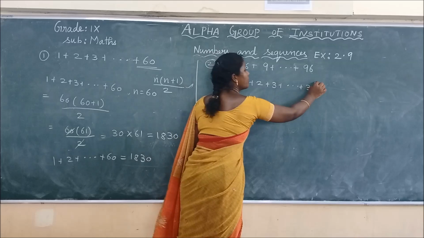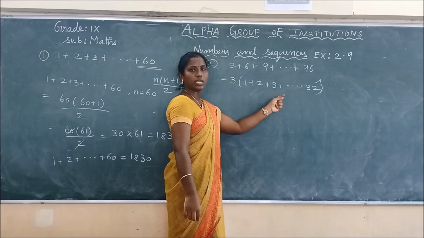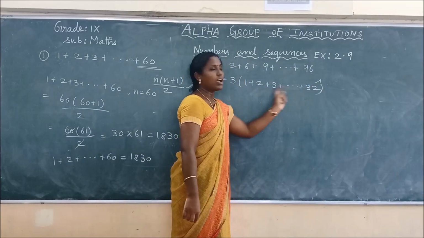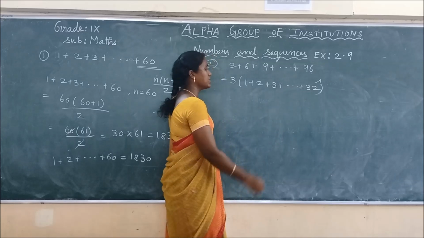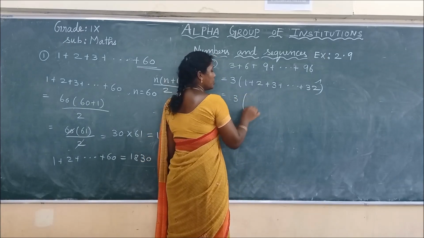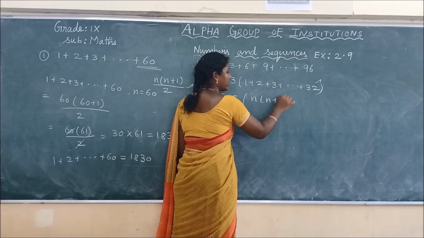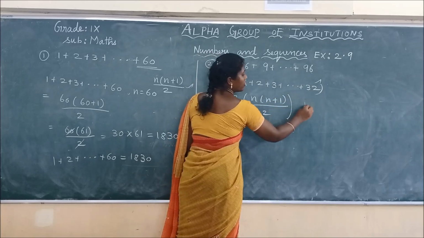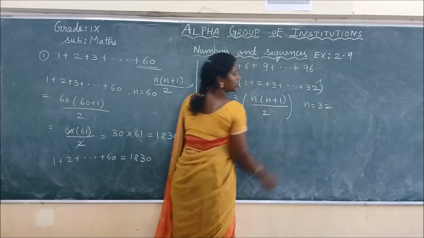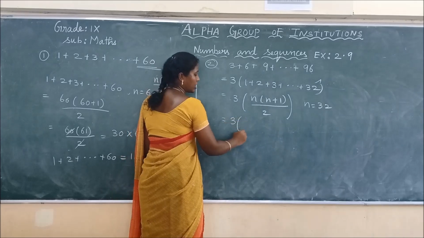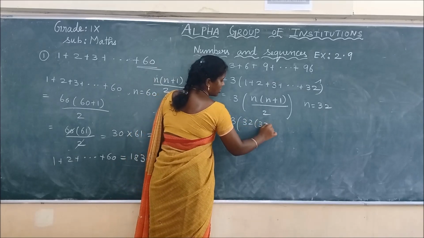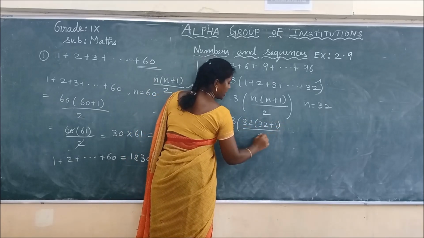So again, what's the formula we can use here? 1, 2, 3. It is natural numbers up to 32. Again, we can use the same formula: 3 into n into n plus 1 by 2. What is the value of n here in the series? 32. Just apply that. So 3 into 32 into 32 plus 1 by 2.